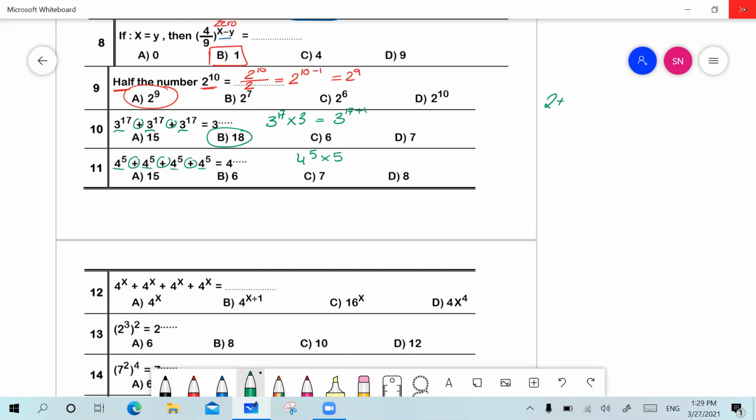So it's going to be 4 to the power of 6. Thank you.